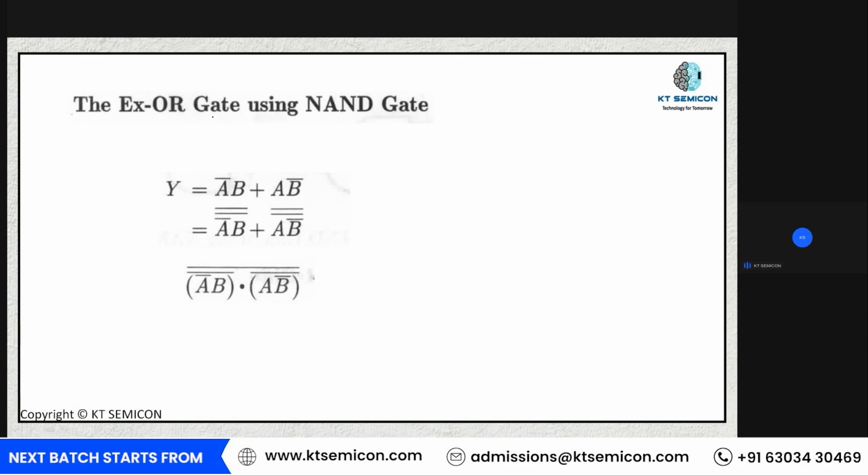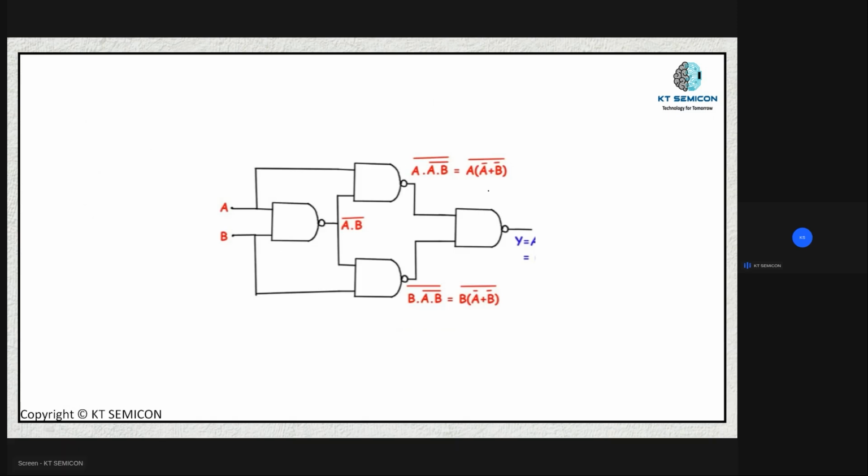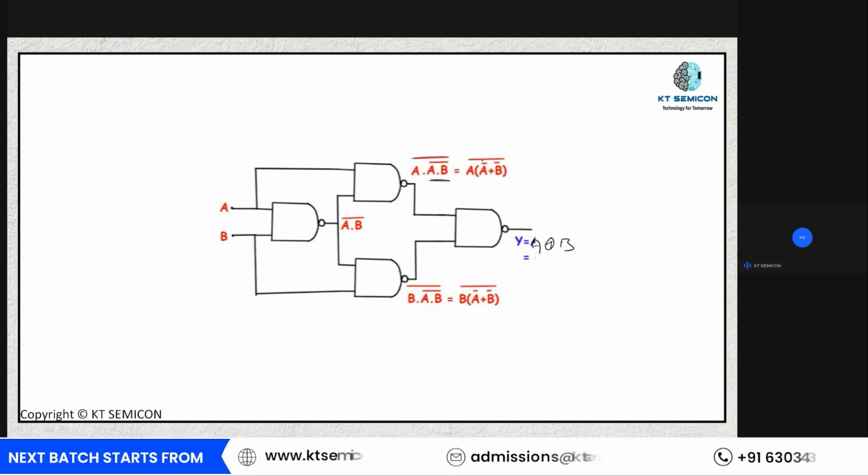Now, let's say if I want to build a XOR gate using NAND gates, then I'm going to basically implement this expression using the NAND gates. Now, how to implement this? So this is how we are going to implement this expression, Y is equal to A XOR B. Now, what are we doing basically here? We are going to get A dot B the whole bar, which expands to A into A bar plus B bar the whole bar.